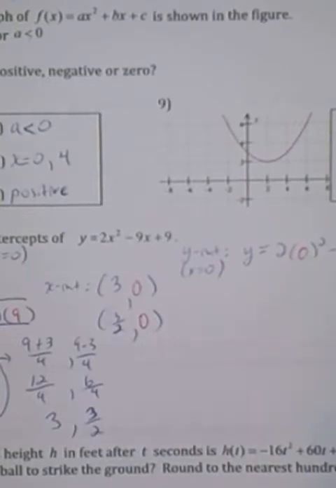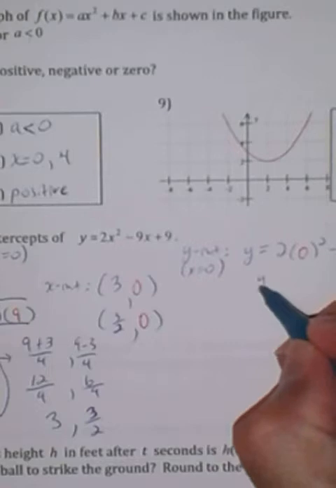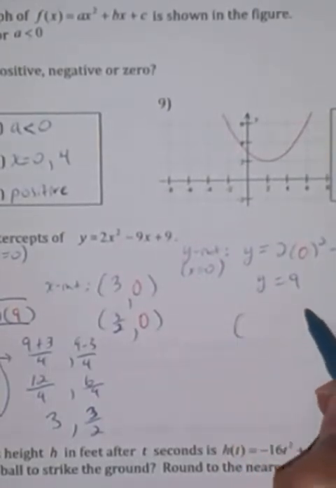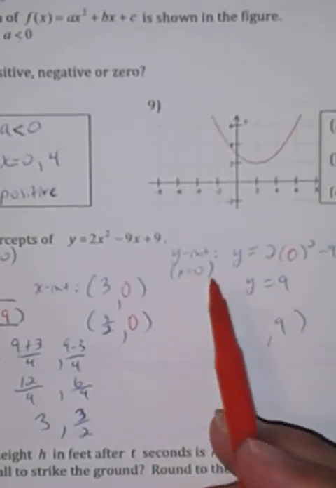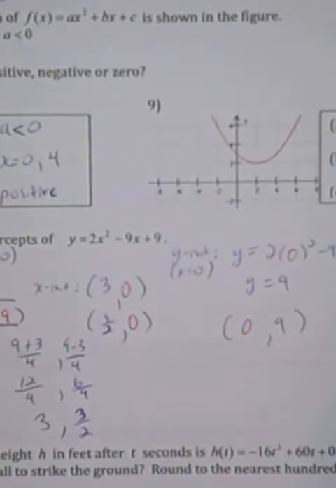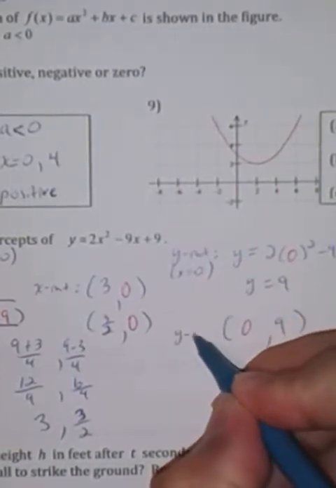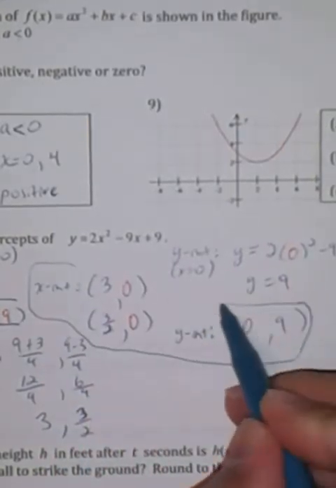Notice the first two terms become 0, and you just have 9. So y equals 9. What's my y-intercept? The value of y is 9. What's the value of x? You wrote it right there. It's 0. So the y-intercept is (0, 9), and we have 2 x-intercepts.